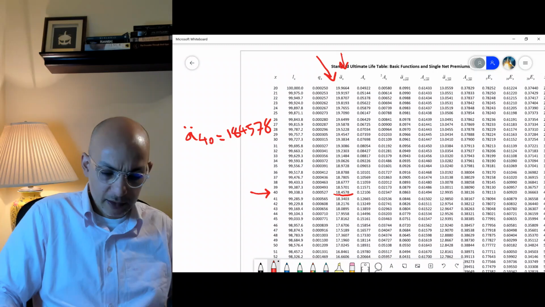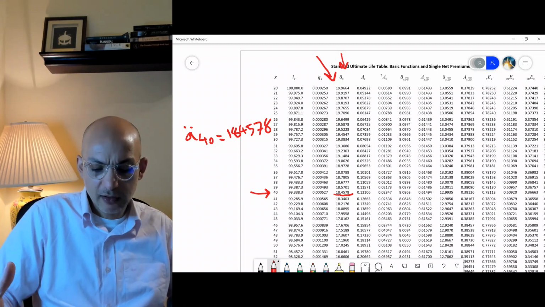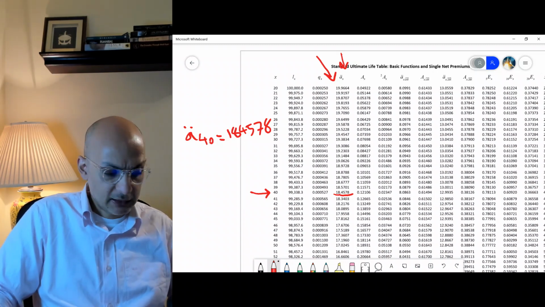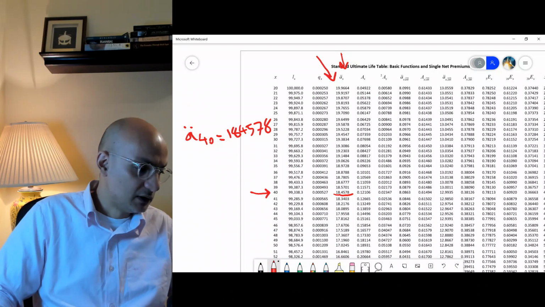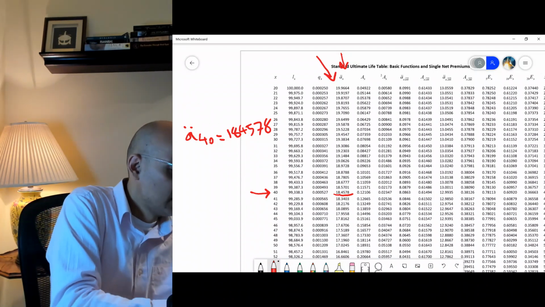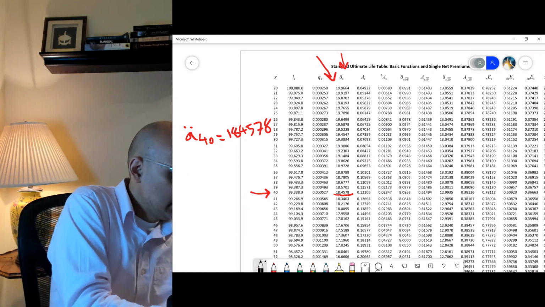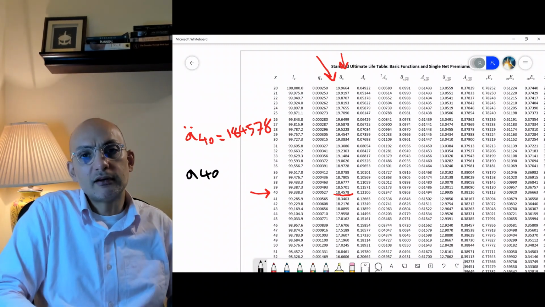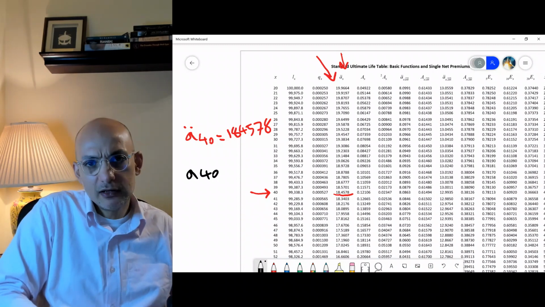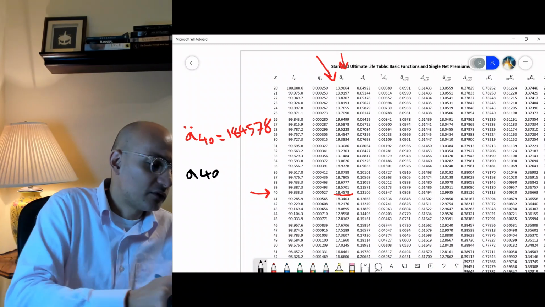But we can recognize that we can use it also to calculate other things that you might not have checked before. For instance, what if you are asked to calculate a40, not at the beginning of the year but at the end of the year? We already looked at the relationship between them, because all you need to do is subtract one.